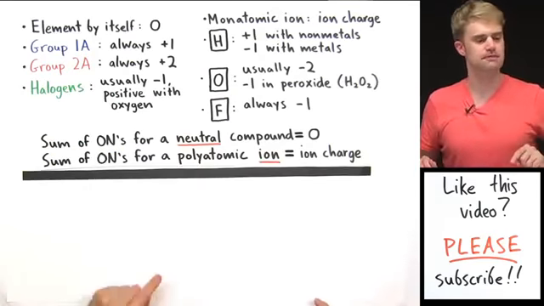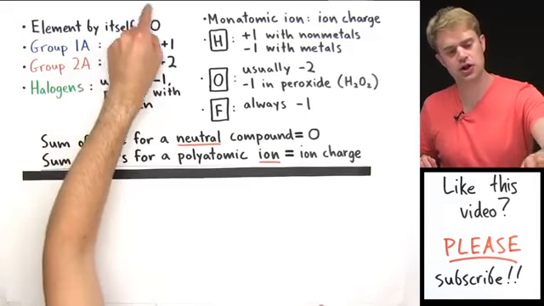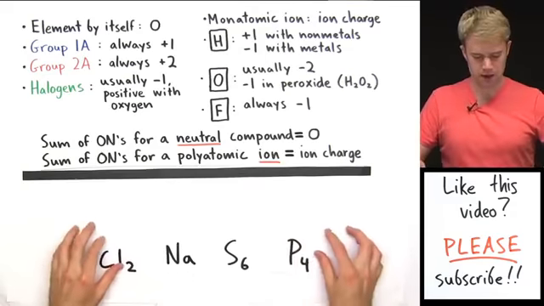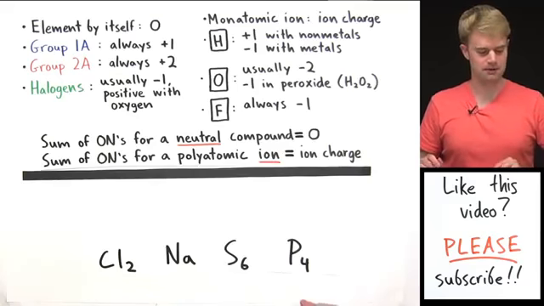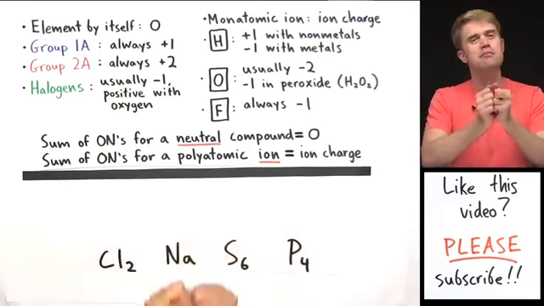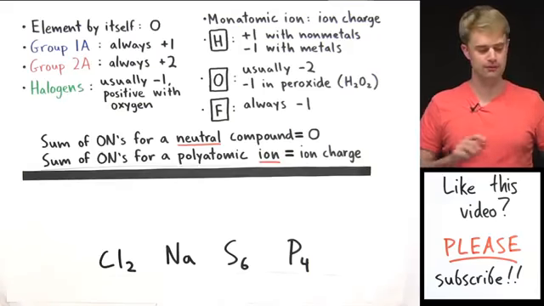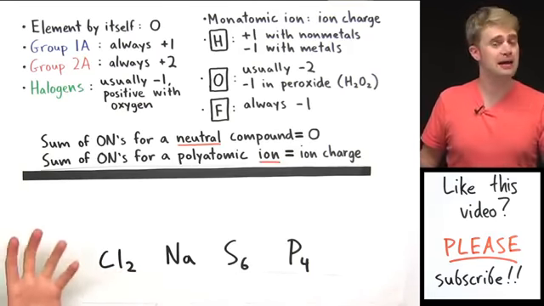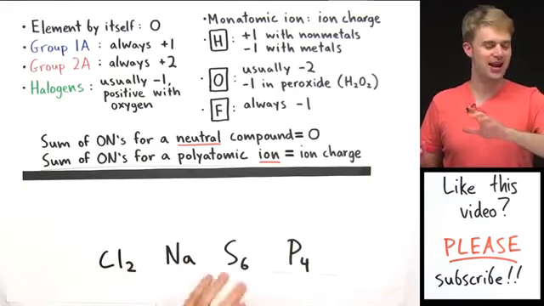The first is this: an element by itself always has an oxidation number of 0. Here's what I mean by that. There are a lot of chemical compounds that have just one element. That element is not combined with any other elements. That's what I'm calling an element by itself. So that's something like Cl2. It doesn't matter how many atoms of that element you have, just as long as it's only that element and none others.